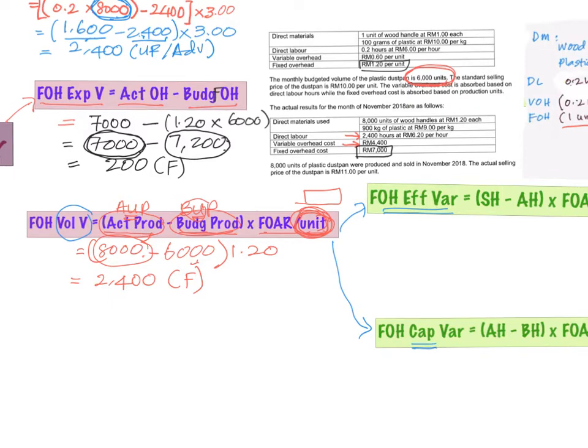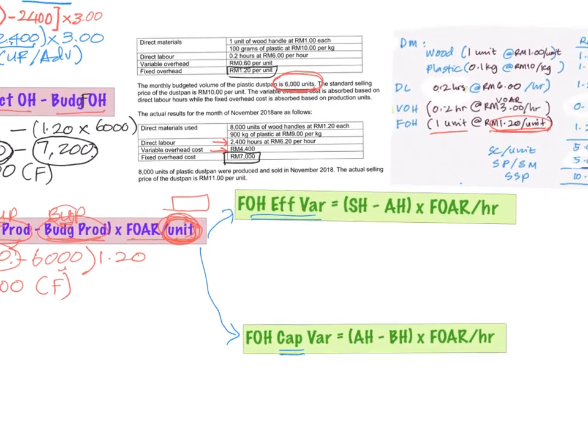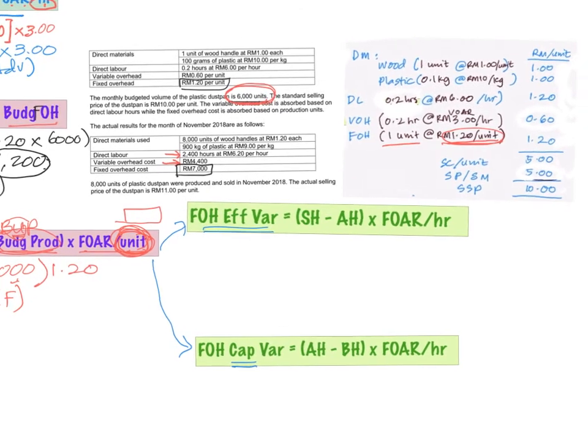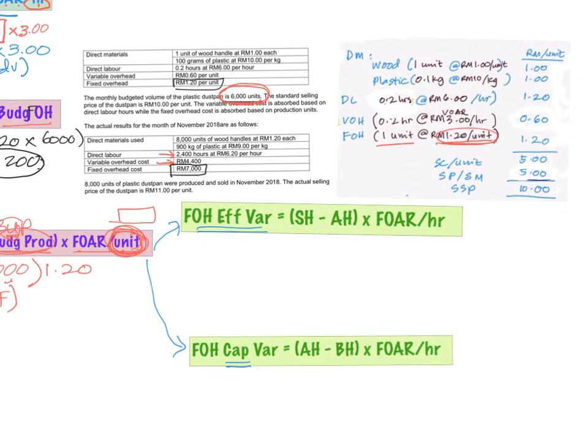Okay, so we look at it one by one by referring to the same example. First, we look at fixed overhead efficiency variance. As you can see, our formula is standard hours minus actual hours times the fixed overhead rate per hour. Now, if you can see here, we are using the fixed overhead rate per hour. Here also, we use the fixed overhead rate per hour.